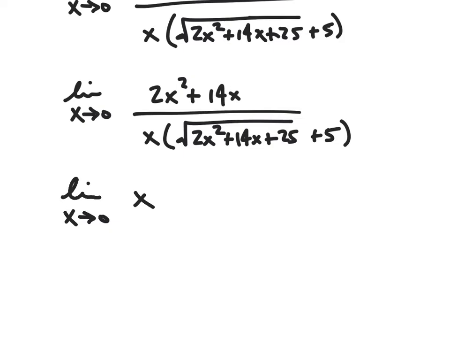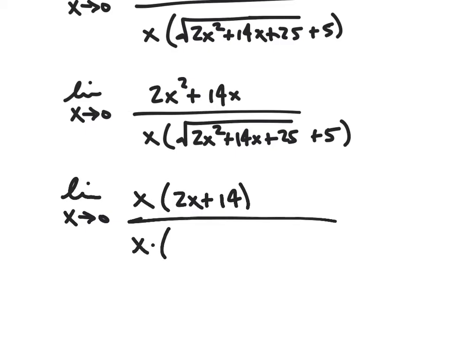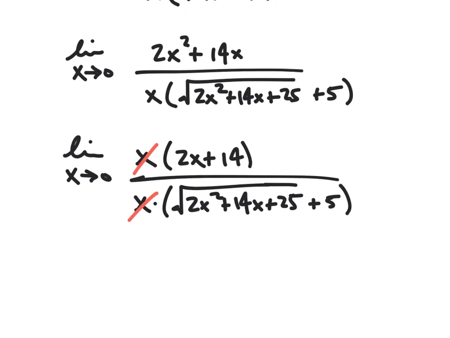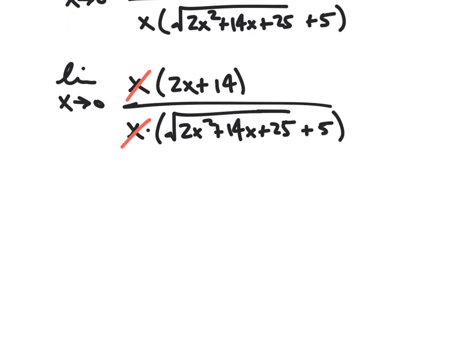If I factor out an x, I'm going to be left with 2x plus 14 over x times the quantity, square root of 2x squared plus 14x plus 25, and then plus 5. So what happens here is that my x's will divide out. So that was the whole point. That's what I wanted to get to with this problem, because now I can just plug in 0 for x, and it will allow us to evaluate this limit.